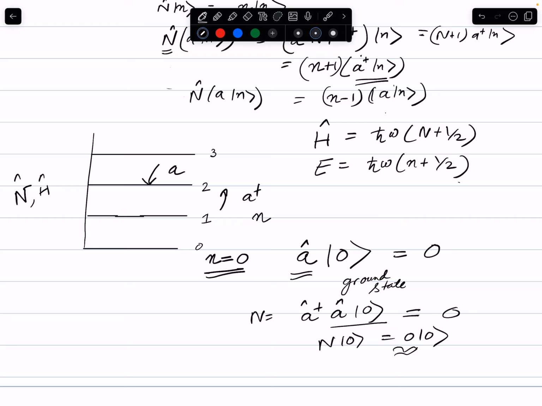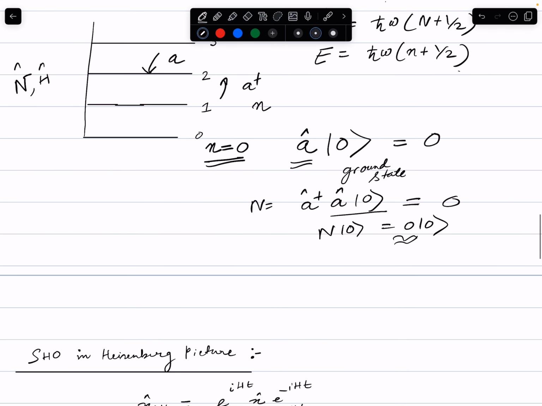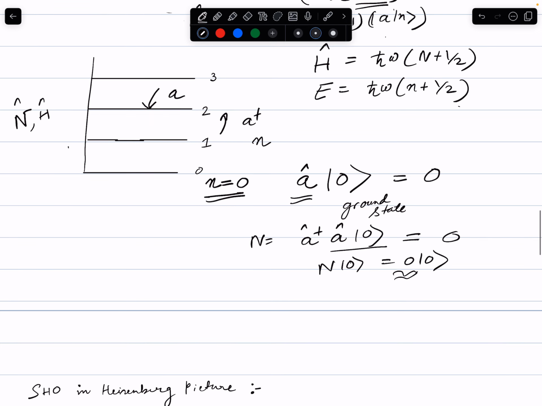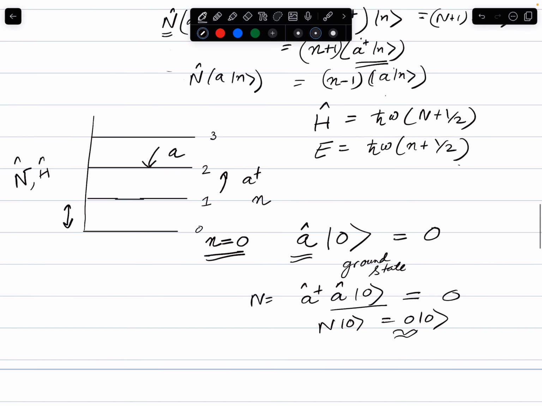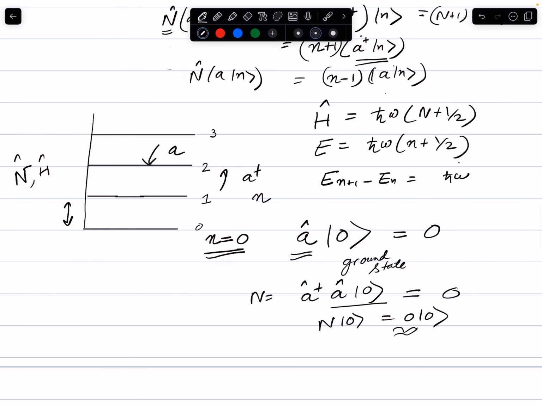So this is how we solve the simple harmonic oscillator. You see, it's a simple system where each energy level is equally spaced. So the difference between each energy level, any E(n+1) minus E(n), is always what? H bar omega.